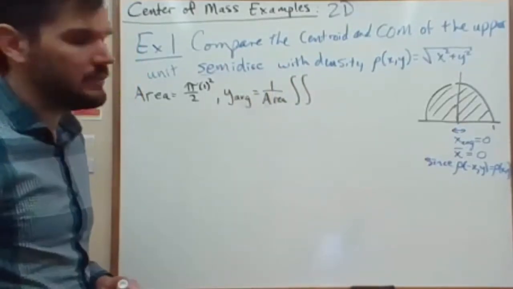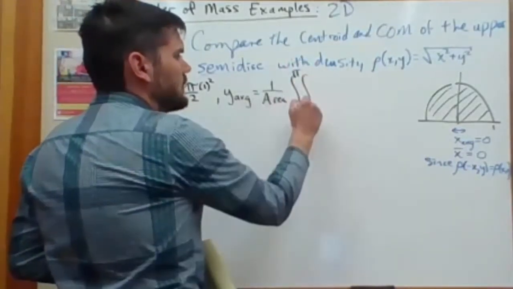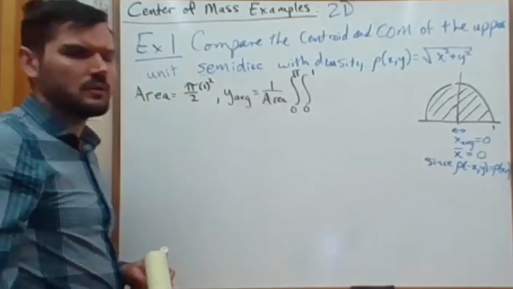Let's combine that together for y average. We are looking at nice polar limits.